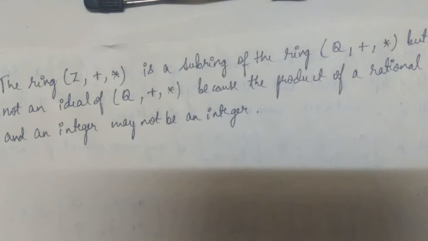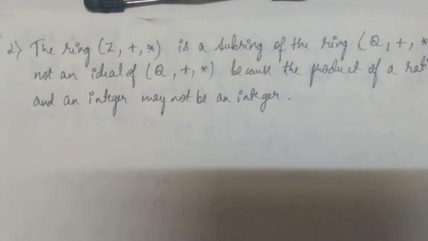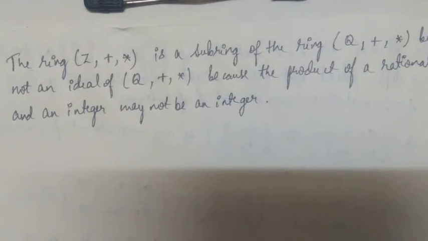As the statement says, the product of a rational number and an integer is not an integer. That is, it doesn't satisfy the identity law. Let's prove it.